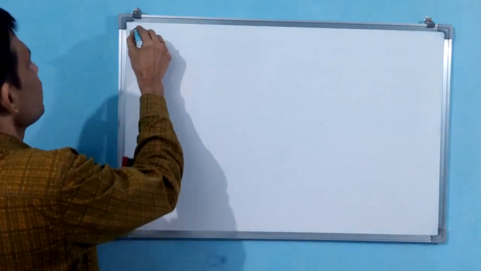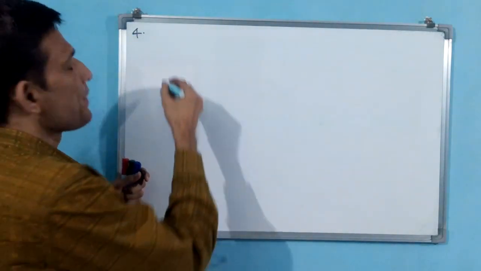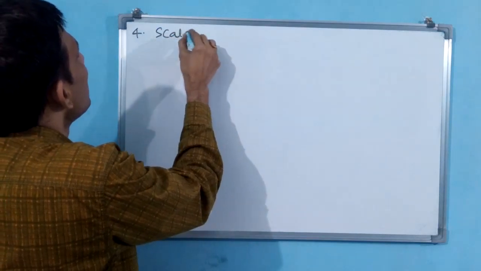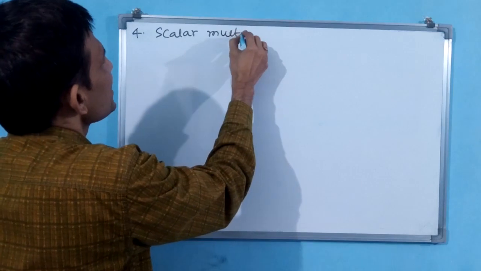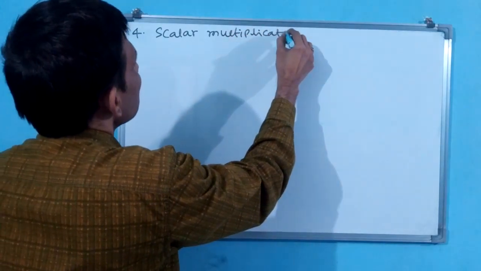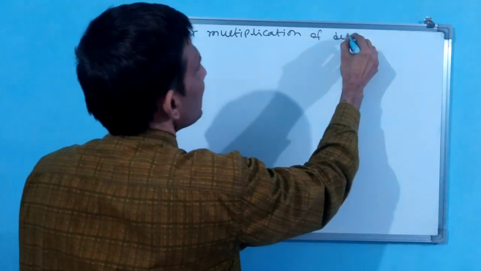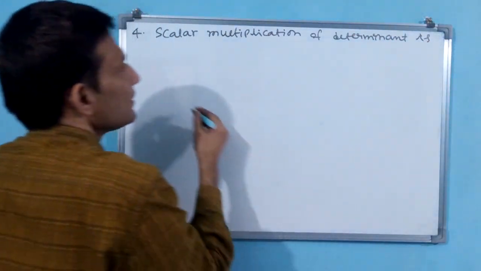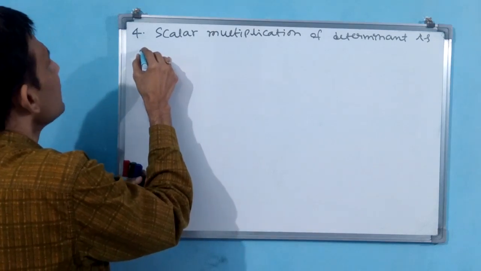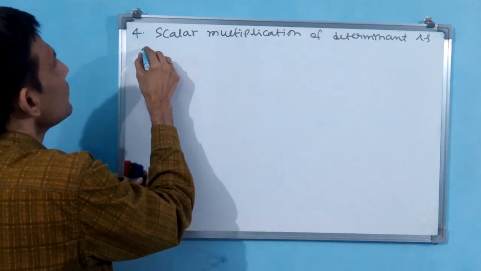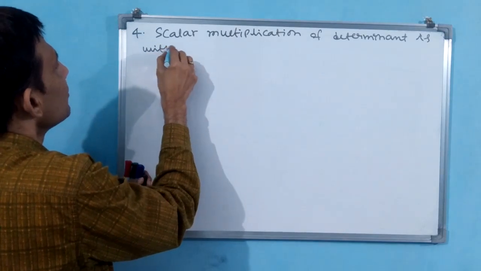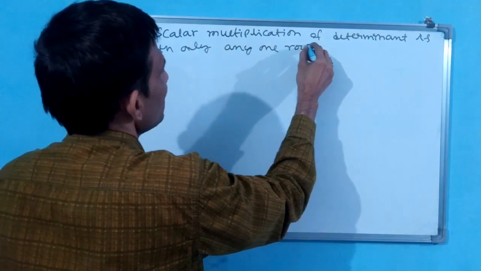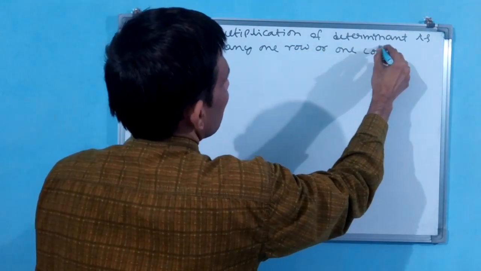Okay, you see, I am writing the fourth property. What is that fourth property? Scalar multiplication of determinant is with only any one row or one column.